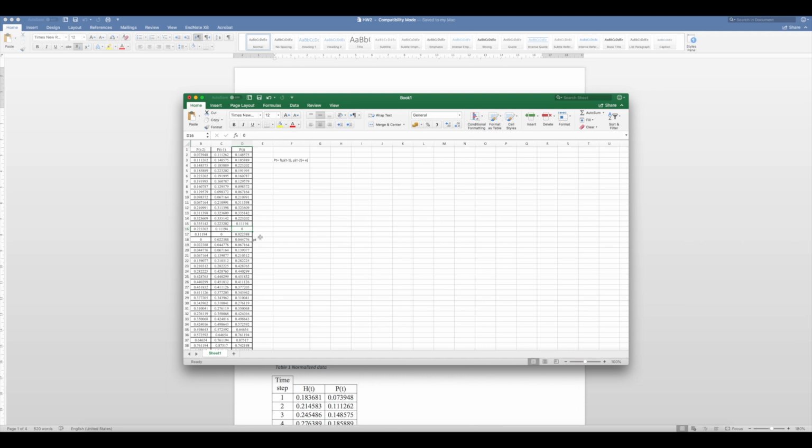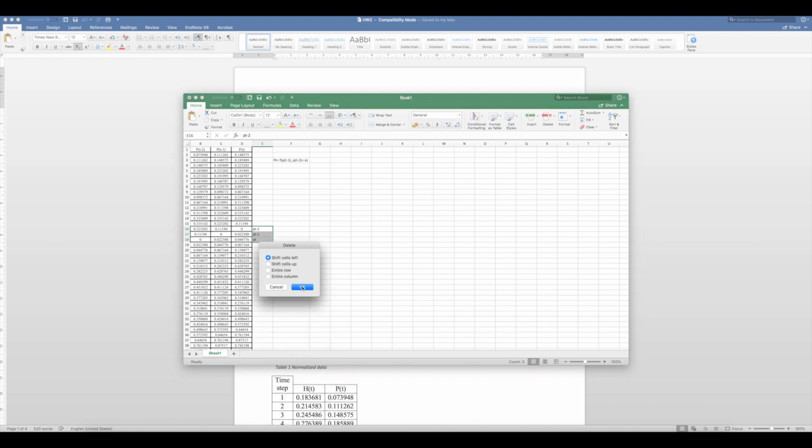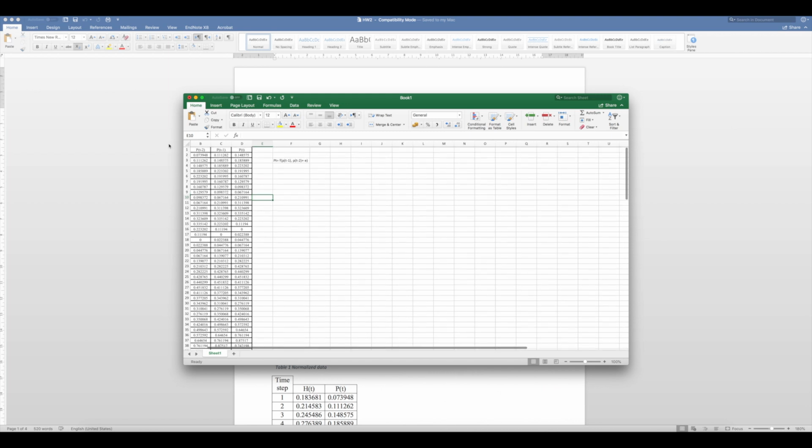So this is pt, this is going to be pt minus 1, and this is pt minus 2. So we are preparing our data like this. I'm deleting this. So this is our data.